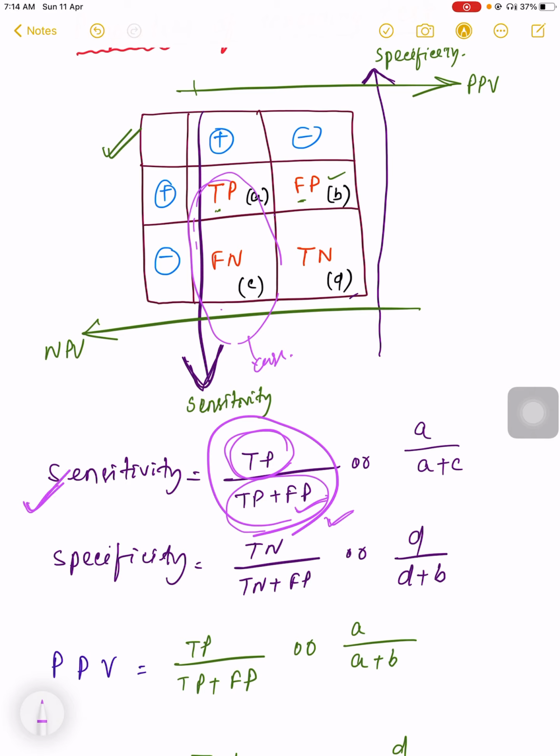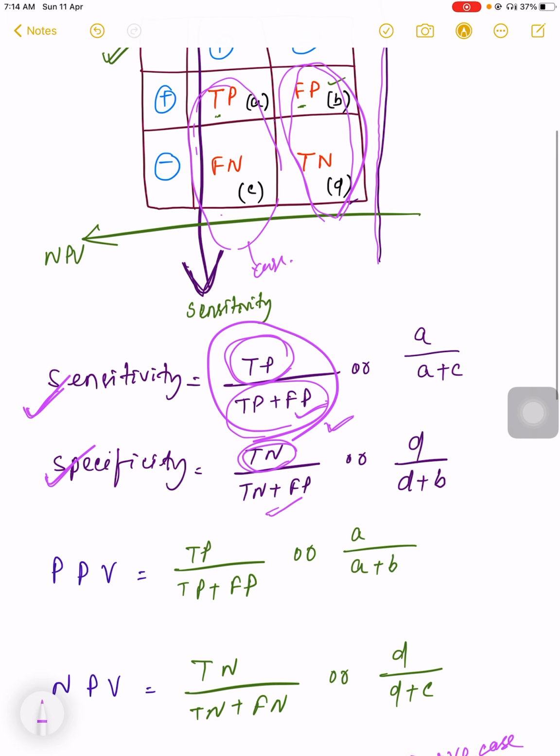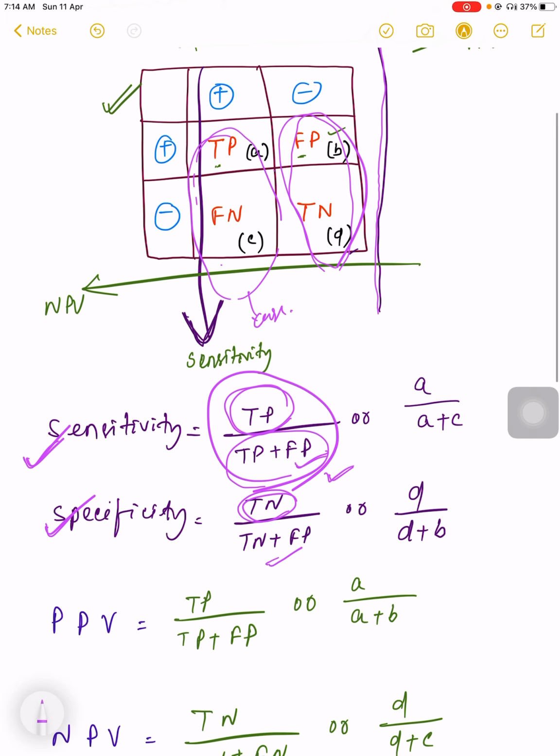And what is specificity? The total number of true negative cases out of control. These are control, no? Total number of true negative cases out of control is known as specificity. And what is positive predictive value?